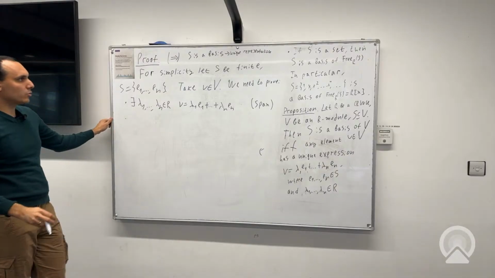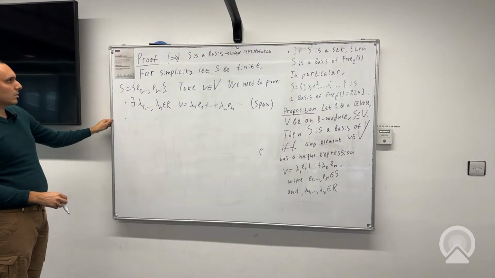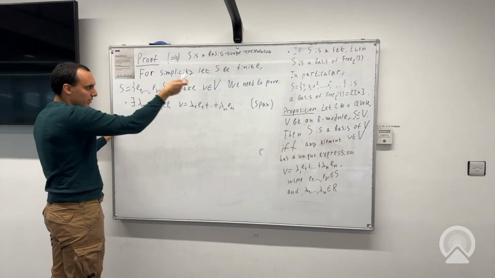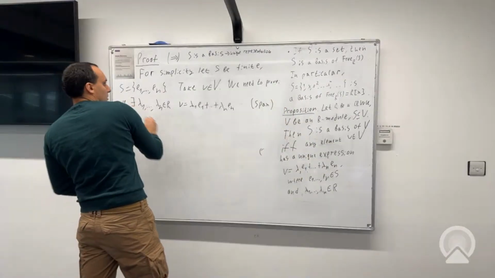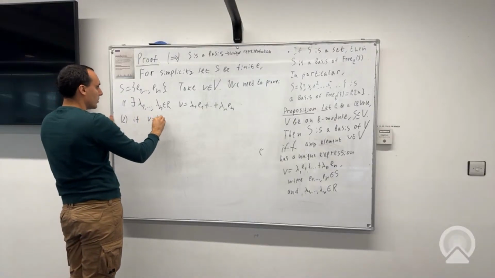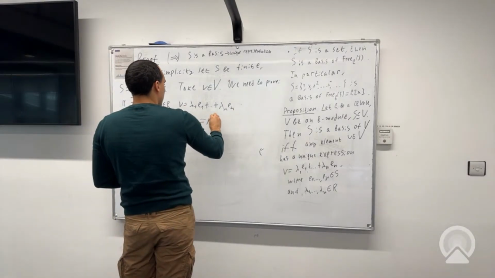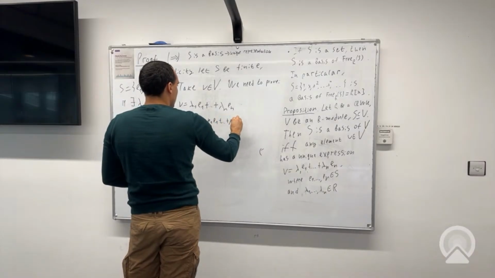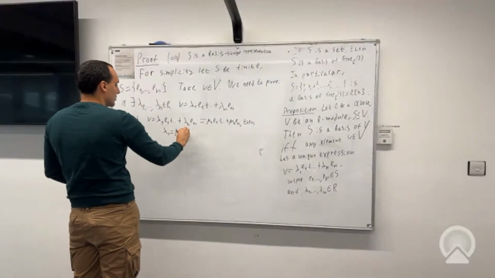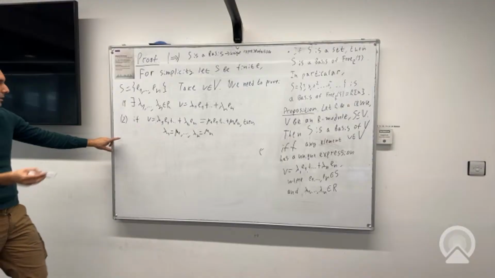And two, that if v equals lambda 1 e1 plus ... plus lambda n en, and also equals mu 1 e1 plus ... plus mu n en, then all of these are equal: lambda 1 equals mu 1, and lambda n equals mu n.